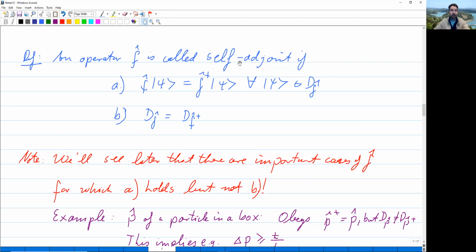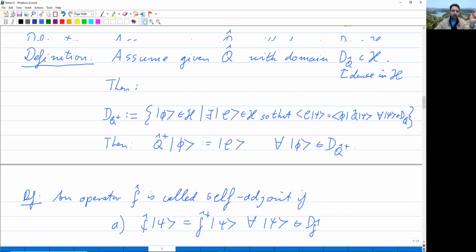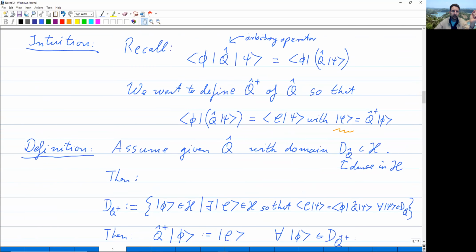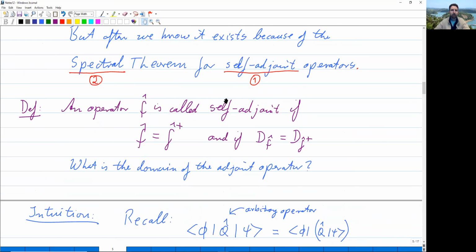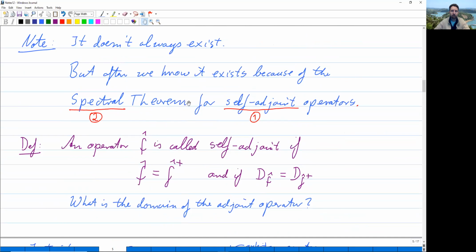Okay, so we went after the spectral theorem for self-adjoint operators because it tells us when we can find an eigenbasis for an observable. Now let's see what went into it. The spectral theorem for self-adjoint operators requires the definition of self-adjoint.